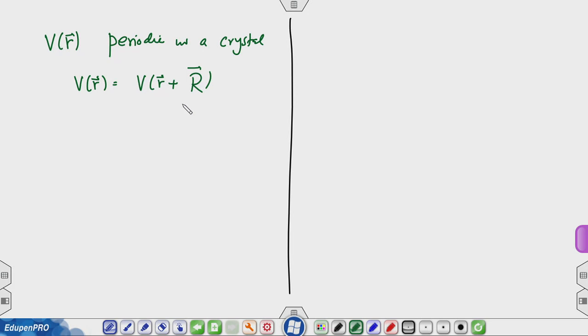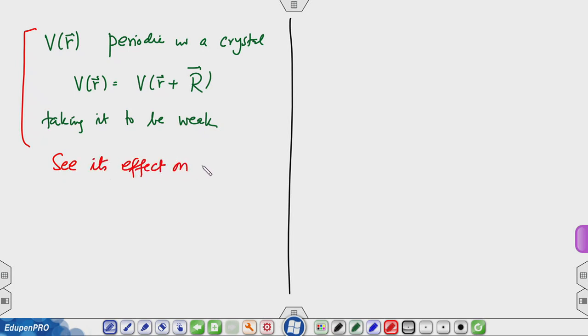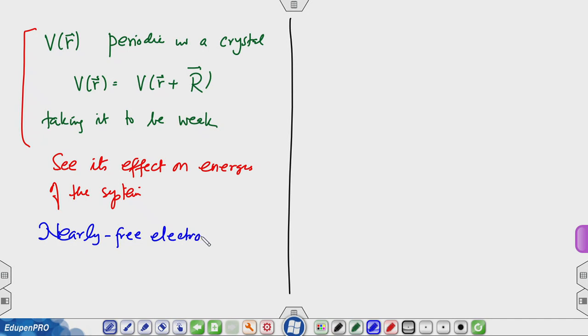R is the primitive or the smallest distance over which the periodicity takes place, and taking it to be weak and seeing its effect on energies of the system. And this is known as the nearly free electron model.